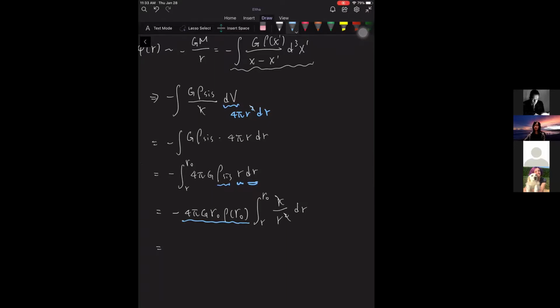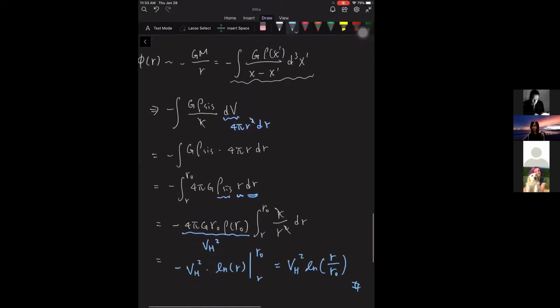So this term is VH squared. So now we can get negative VH squared ln of R with R naught and R, and that will give us VH squared ln R over R naught, which is the answer we want.